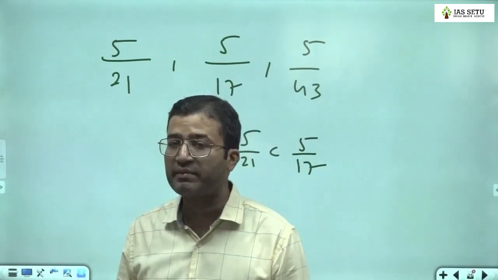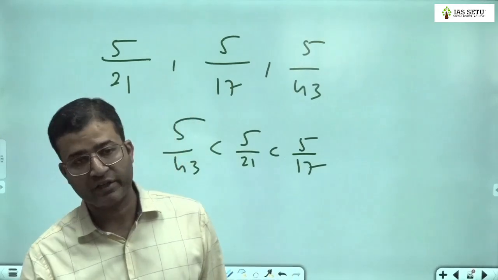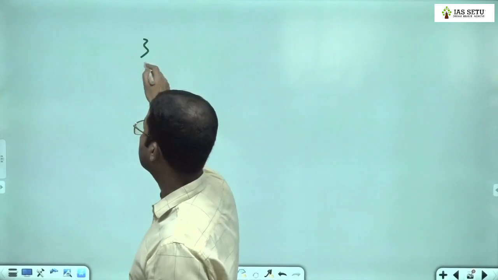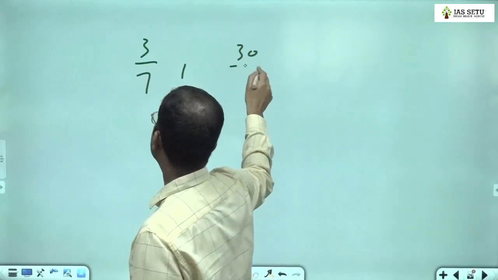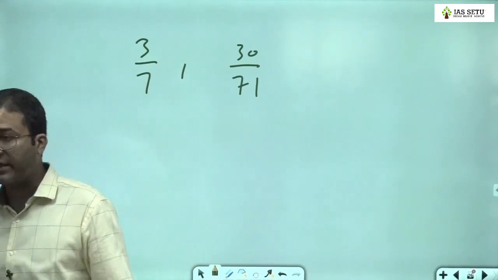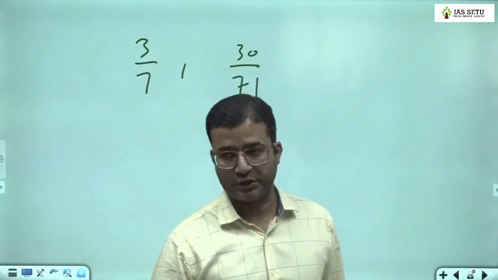Same here, sometimes our numerator is not constant, but we can try to make our numerator constant. Like if the question is 3 by 7 and 30 by 71. Either you can make it 30 or 3.